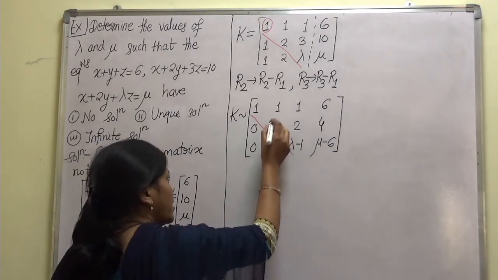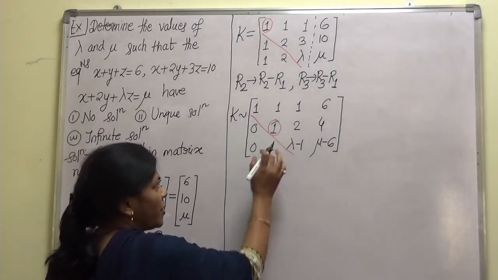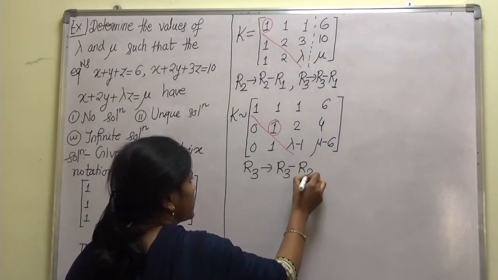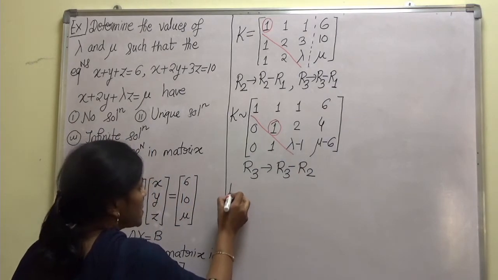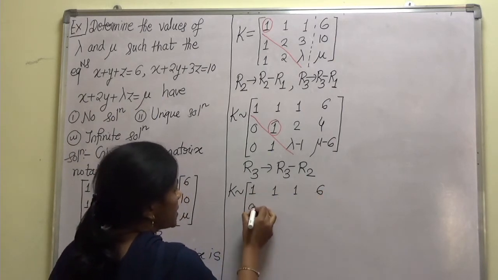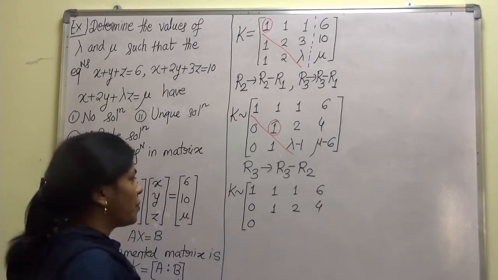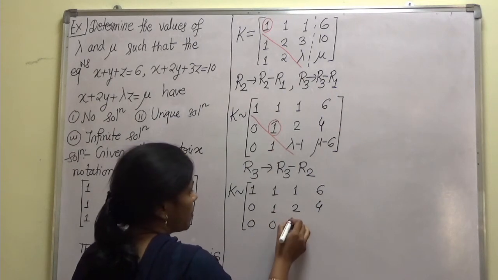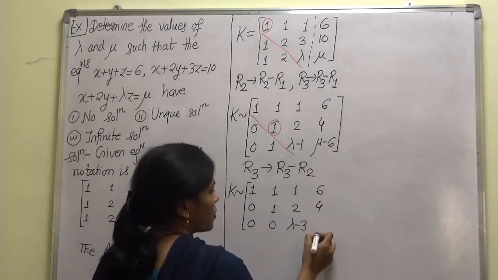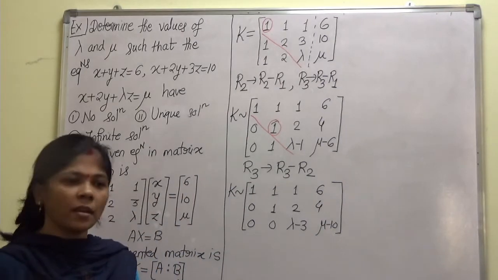Go for the second diagonal element. Again reduce the elements lying below it to 0. So for this we will apply the operation R3 minus R2. So this K becomes: first row as it is, second row as it is. Now for the changes in the third row, we have 0 minus 0, 1 minus 1 is 0, lambda minus 1 minus 2 is lambda minus 3, mu minus 6 minus 4 is mu minus 10. So we have lambda minus 3, mu minus 10.